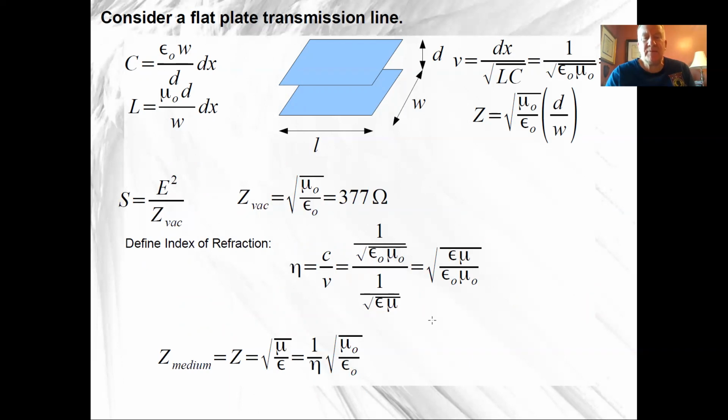If we look in a medium, we're going to use mu naught over epsilon naught, and we're going to define something called the index of refraction. And the index of refraction is the speed of light in a vacuum divided by the speed of light in a medium.